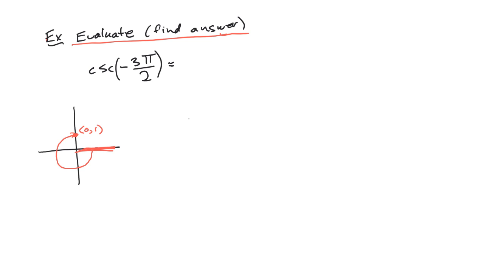Now, cosecant, you got to remember, is just 1 over sine, right? And 1 over sine is just h over r, also no, sorry, h over y. And in this case, when we have our terminal arm on this edge here, that means we have r over y. And the r value is equal to 1.